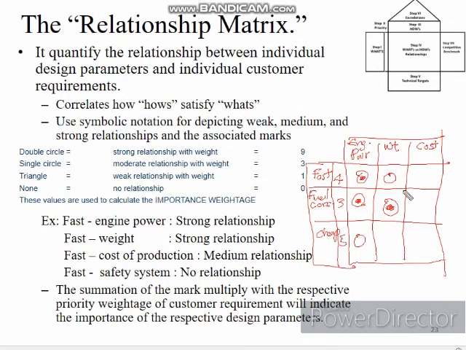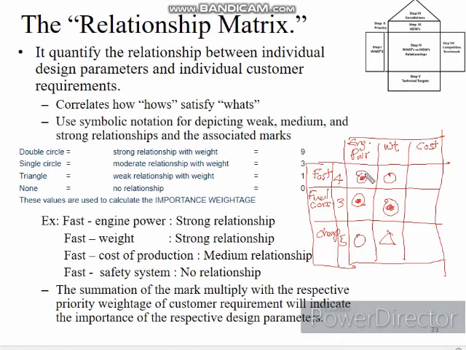Let's look at this: cheap and weight. Maybe there is some relationship, but not that strong, so maybe I put weak, which is a triangle like that. So I can fill up all of this, and all of it is associated with numbers, with marks.